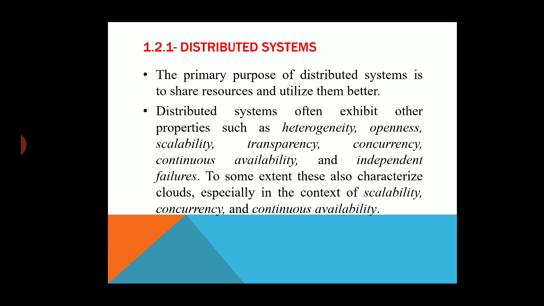Distributed systems often exhibit other properties such as heterogeneity, openness, scalability, transparency, concurrency, and many more. To some extent, these also characterize cloud, especially in the context of scalability, concurrency, and continuous availability.